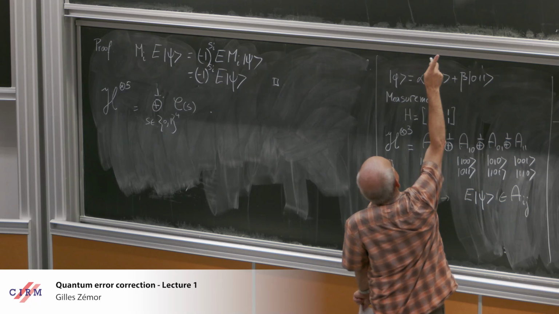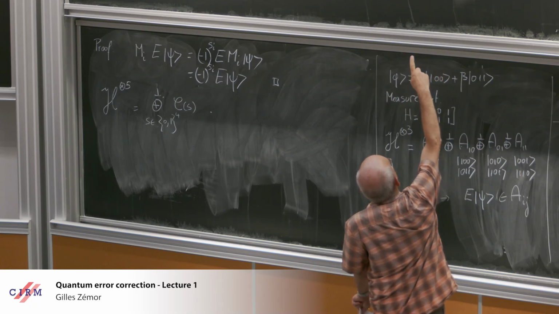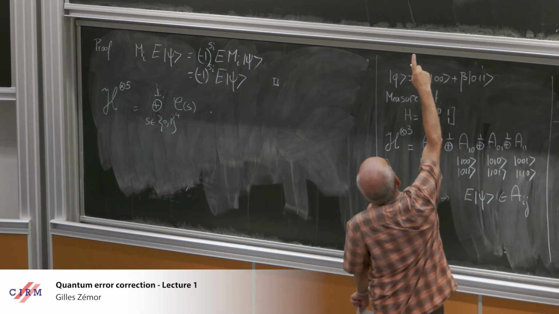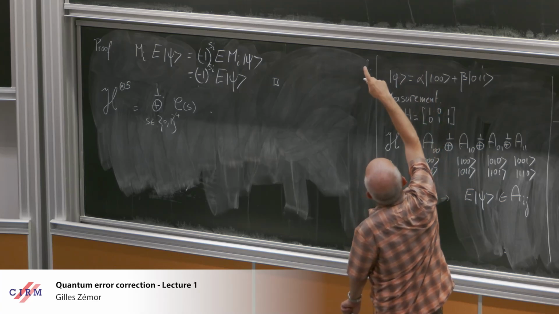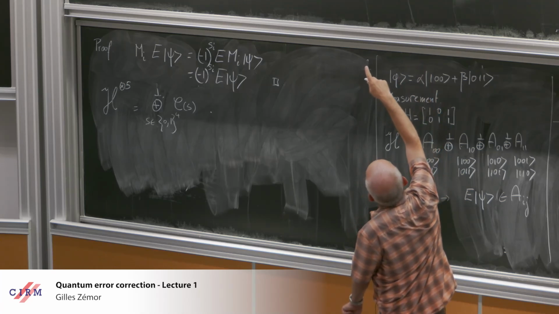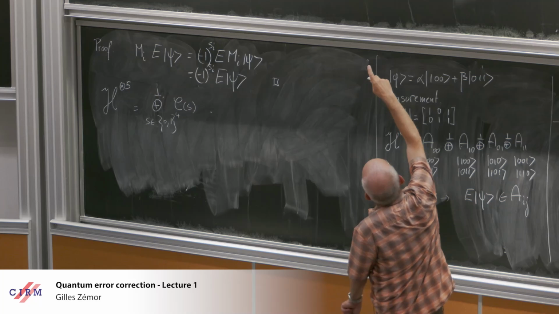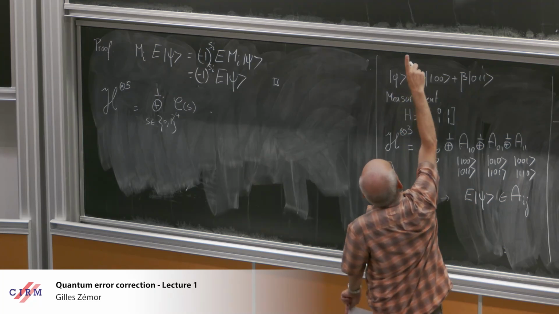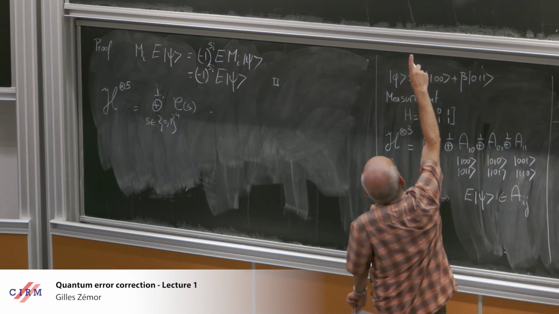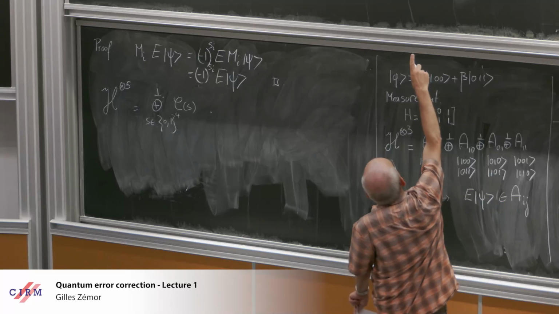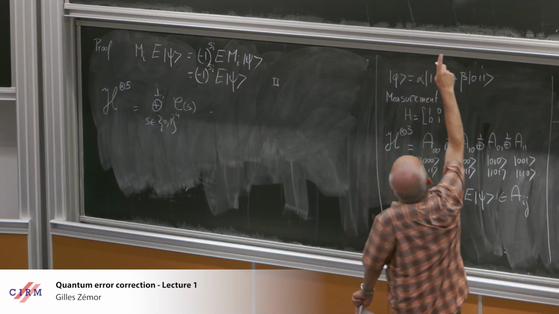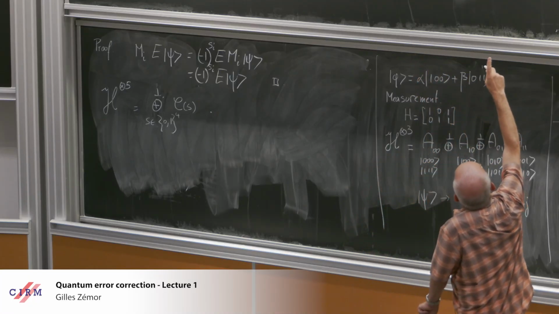So these are eigenstates of the operators Mi. And the Mi have been defined, this is why there's a little i in front of X times Z, such that Mi squared is always identity. So its eigenvalues are plus or minus 1.